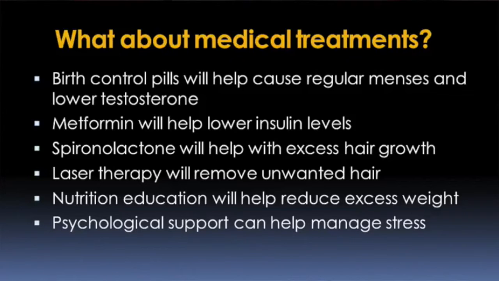A medication called metformin will help lower insulin levels and improve insulin sensitivity. Spironolactone is available to help with excess hair growth. And if spironolactone is not adequate for excess hair growth, laser therapy will remove unwanted hair. Nutrition education will help reduce excess weight, and psychological support can help reduce stress.